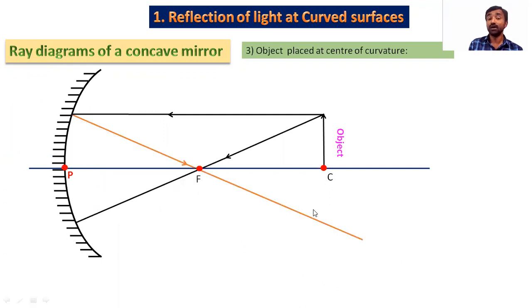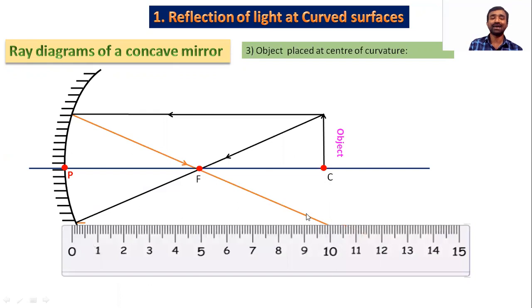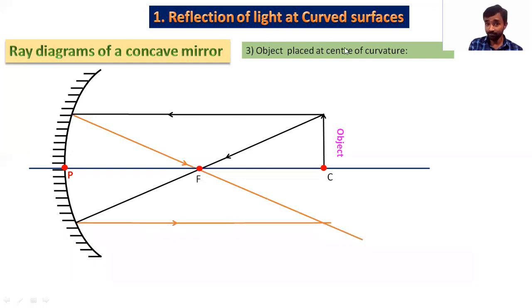A ray passing through the focus becomes parallel to the principal axis after reflection. Then remove your scale. Where the reflected rays meet each other, we call that the converging point of the reflected light rays.